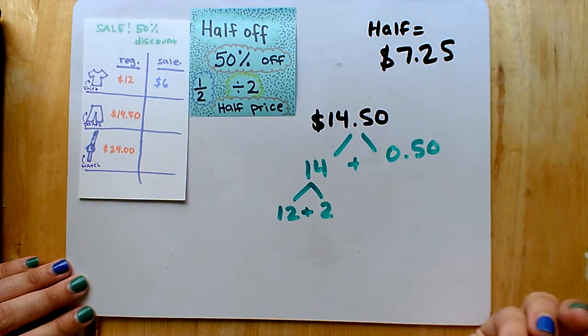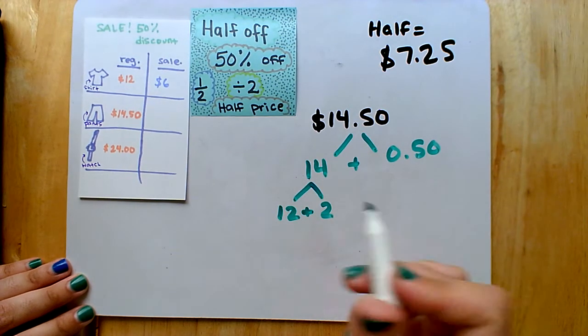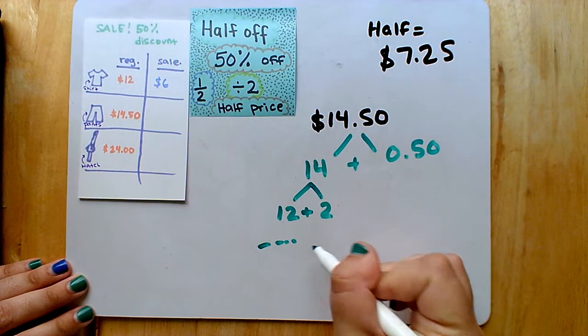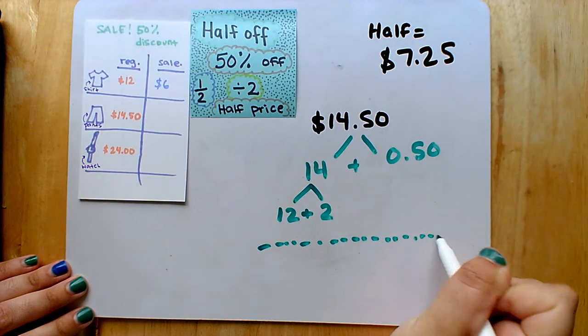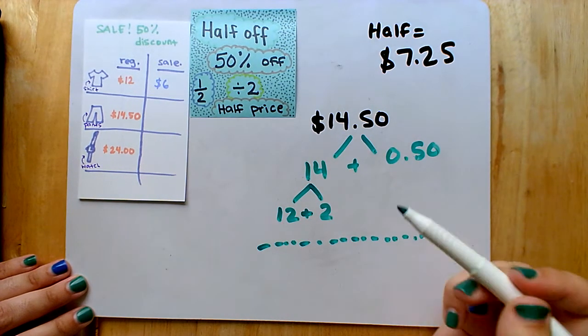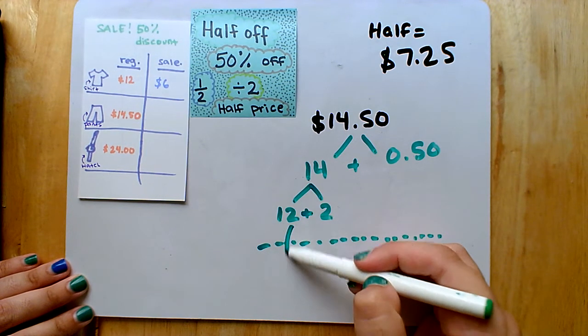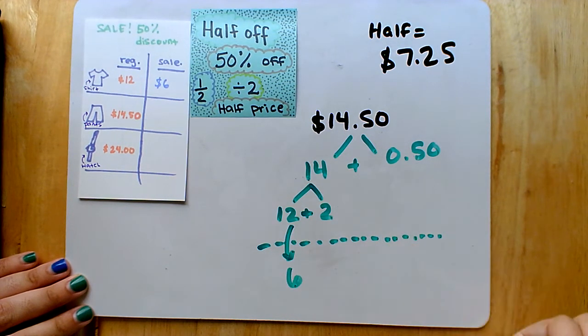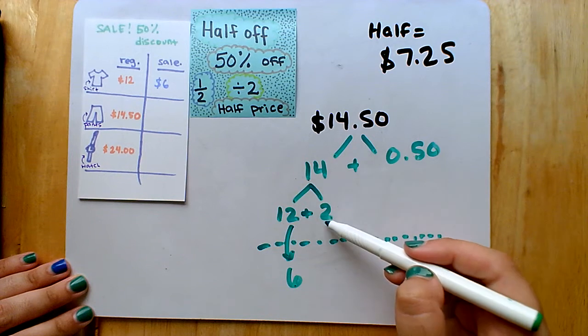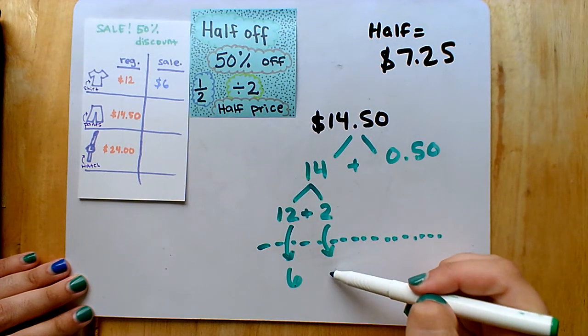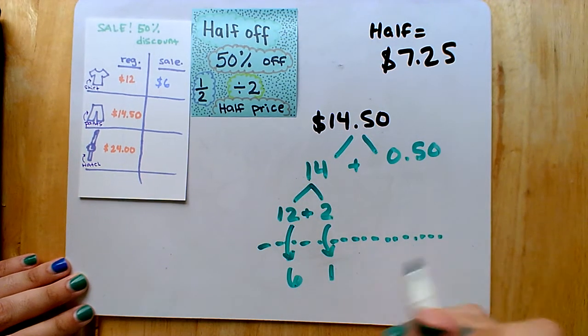I want to find half, and I'm going to do it with these smaller numbers. So, remember, I'm just going to draw this zone so that I know where I'm putting my halves. If I split 12 in half, I now know that each half is 6. If I split 2 in half, each half is 1. So far, just looking at the dollars, I have 6 plus 1, which is 7.